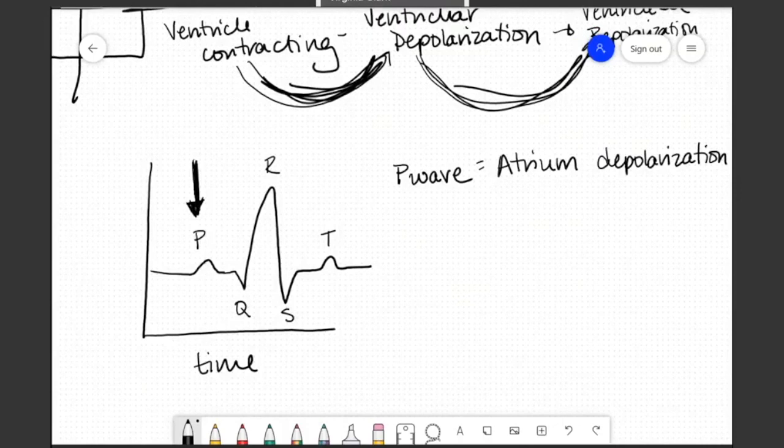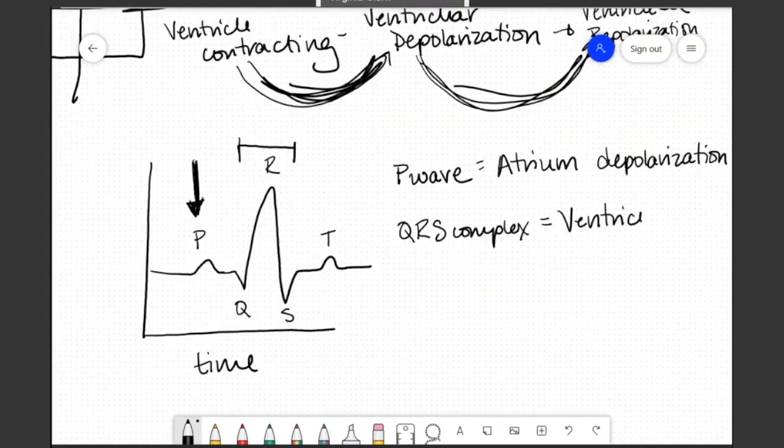Then you're going to have the QRS complex. And when you have the QRS complex, because it has both segments and waves, this is where you're going to have ventricular depolarization. So your ventricles are contracting, leading to an electrical change. That is a depolarization.